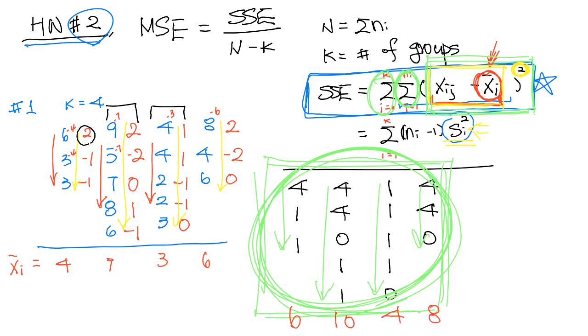So it's actually the summation for i from 1 to 4, since K equals 4. That will be 6, 10, 4, 8, total 28. What is the name of the value 28? SSE.